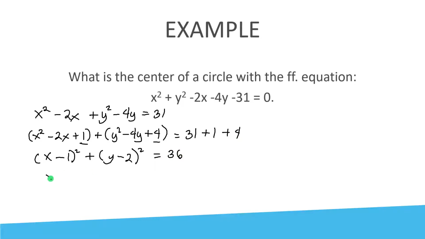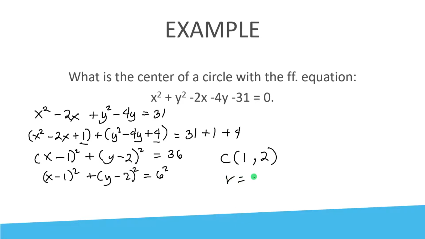So the standard form of equation is really helpful in determining the radius, the location of the center of the circle, or in drawing the circle in a graph. So that's your answer. The center is positive 1 for x, and for y, positive 2. And the radius is 6 units.